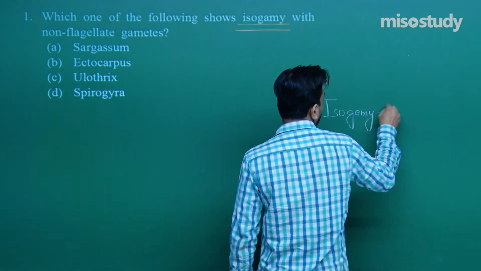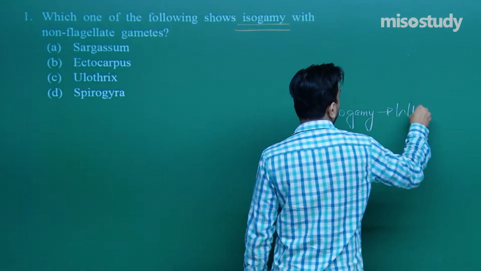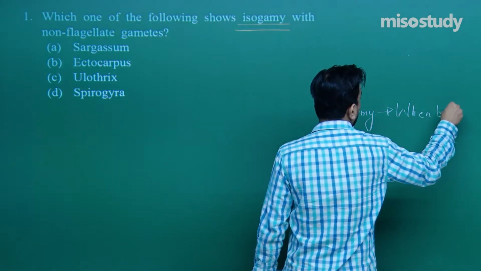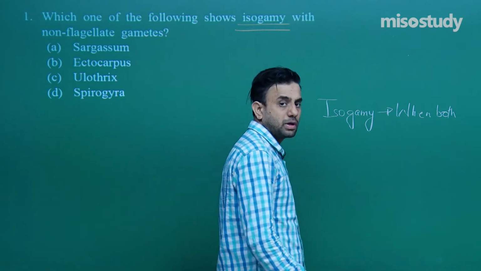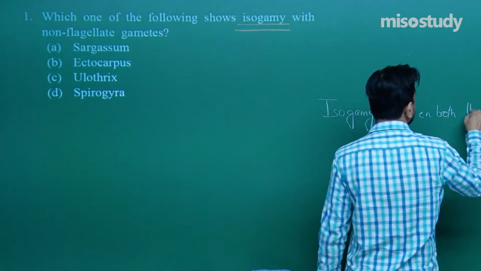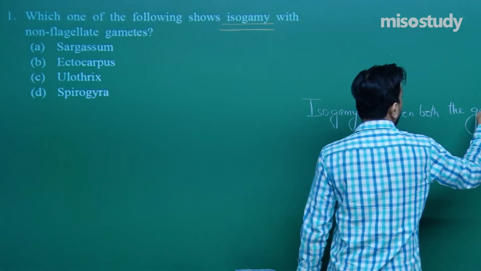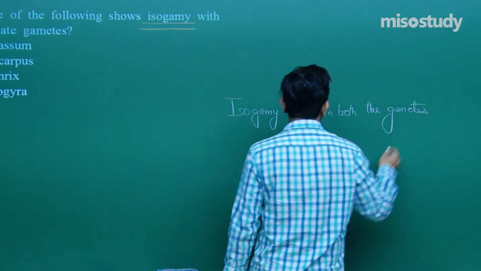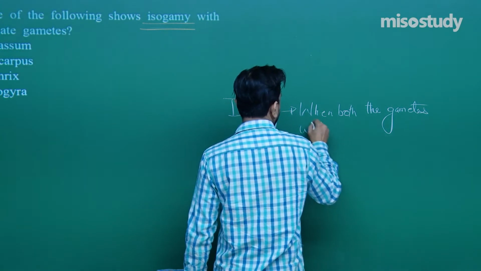Isogamy is a condition when both the gametes will be morphologically similar.